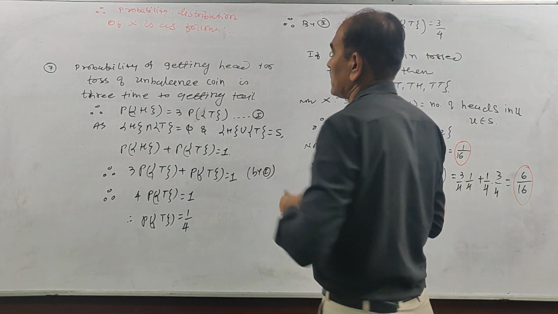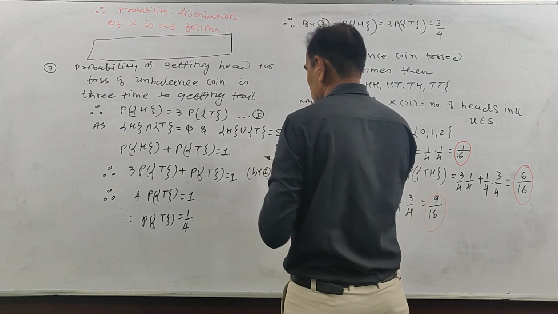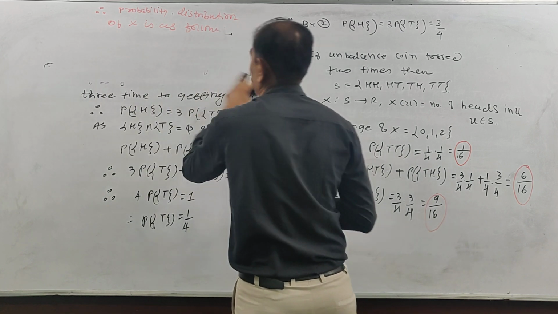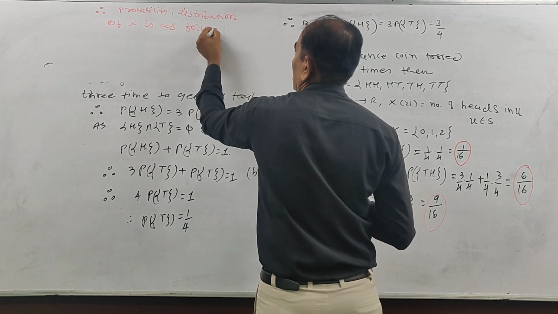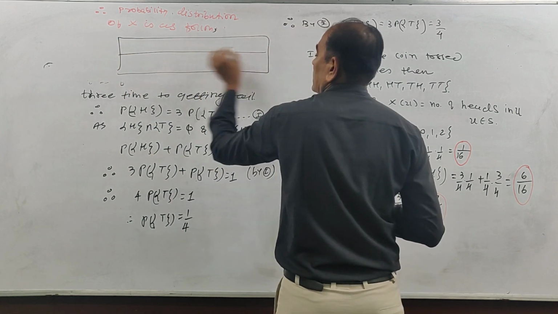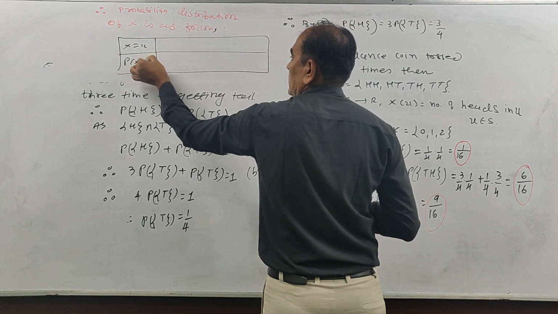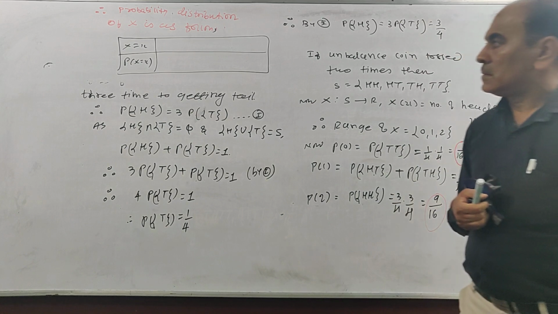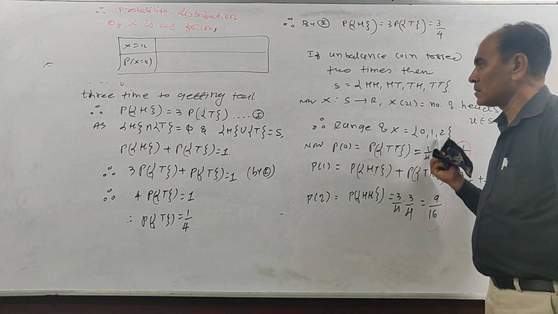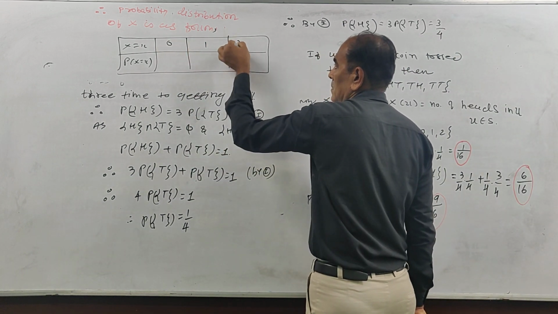X is equal to x, P of X is equal to. What are the elements in the range set of X? 0, 1, 2.